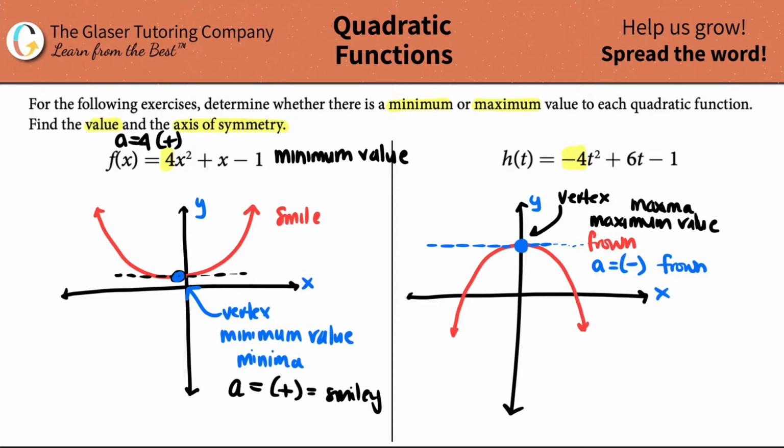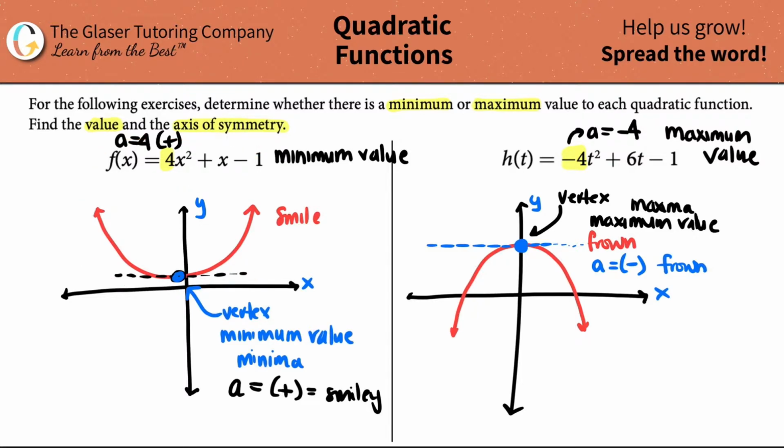For here, our a is a -4. My a was negative. It's a frowny. So my vertex has to be a maximum value.